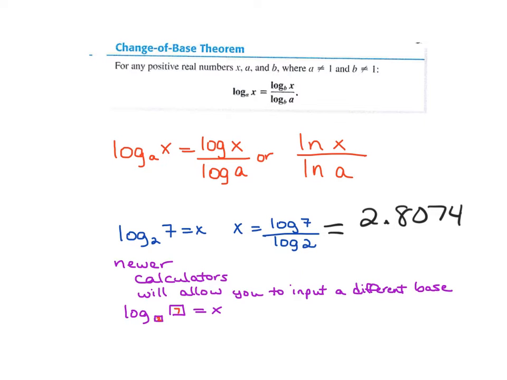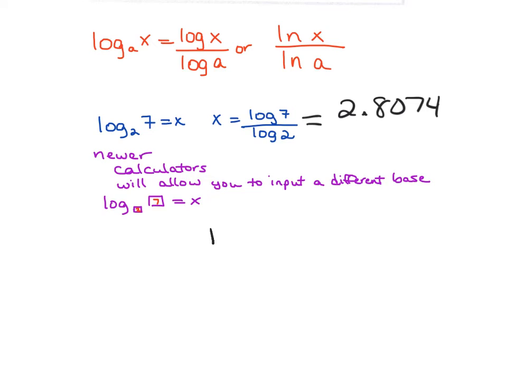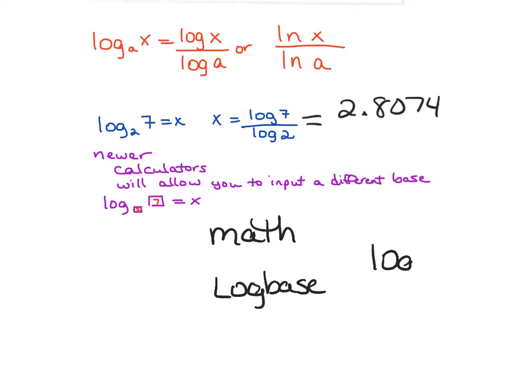Now, if you have the newer calculator, what you're going to do is touch the math button, then scroll down the menu until you see the word log base. You'll hit enter, and then it'll open up, and it'll say log, and then it'll have the cursor here for you to fill in. Then you'll move the cursor up and put in the next number.